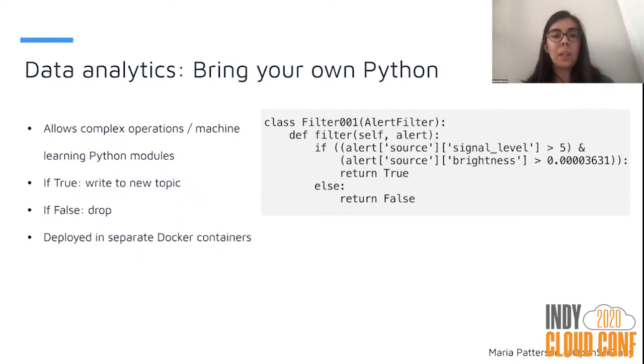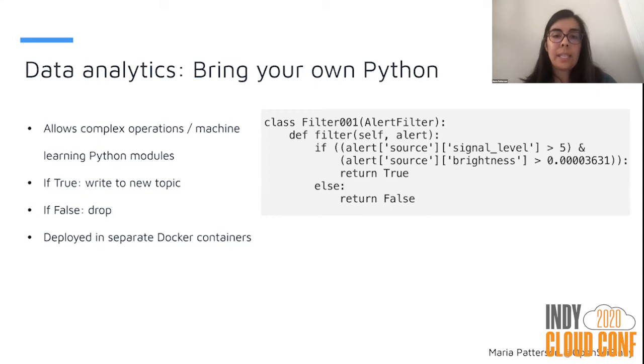And so in our case, because we're using Docker and we want familiar environments, we settled on having all the data scientists write their algorithms in Python. And so here I have some code of what these filters look like. We call them filters because you want to be able to whittle down the stream into just the objects that you're interested in.